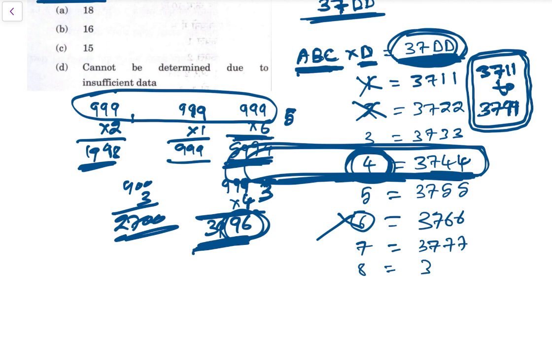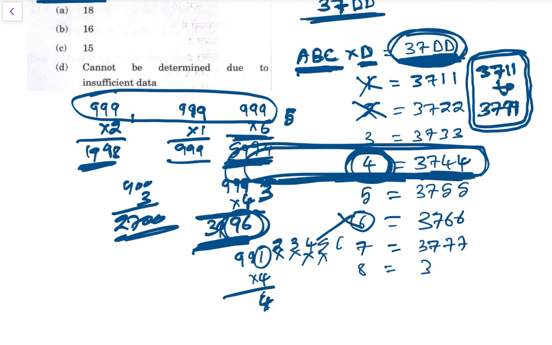to get 4 it has to be something like 1 in the last digit, since 1 into 4 you will get 4 here, right. So either 1, 2 cannot be. 3 cannot give 4, 3 into 4 is 12. 5 into 4 is 20, so you won't get 4 as a last digit.